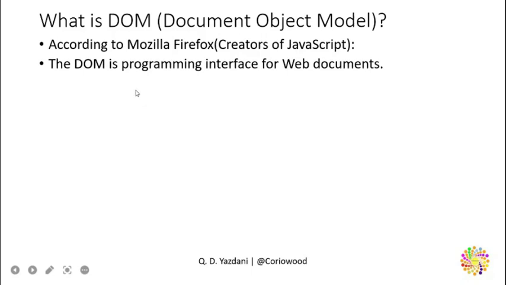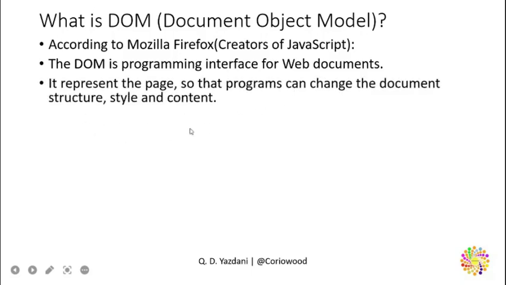So as I explained, the DOM is a programming interface for web documents. As I said to you before, you can pretend this is a web document. So the DOM is a programming interface, or you can say UI, user interface, for web documents. So whatever you're going to see inside the HTML, if this is a slide, whatever you're going to see inside the HTML, that's a DOM.